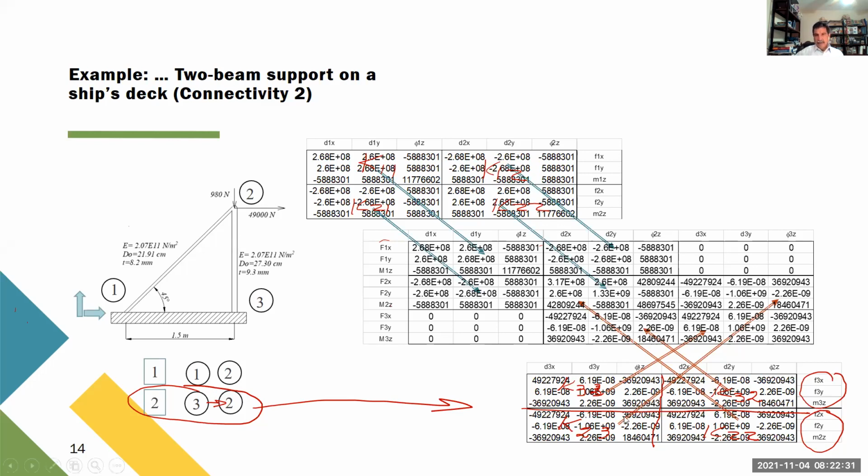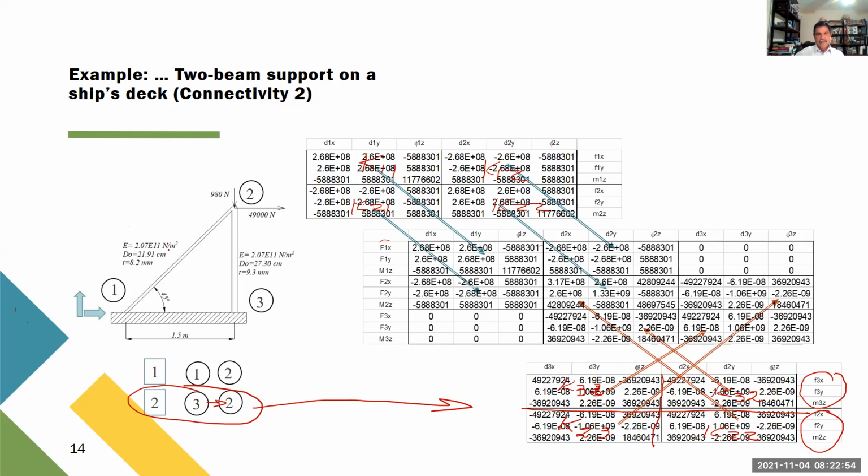So this is the way the equations are set up. And when you recognize that, you recognize the position in the global reference system when you have to add these values. Okay? So I'm showing you clearly the two situations.